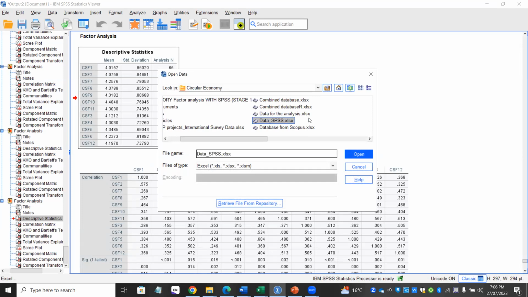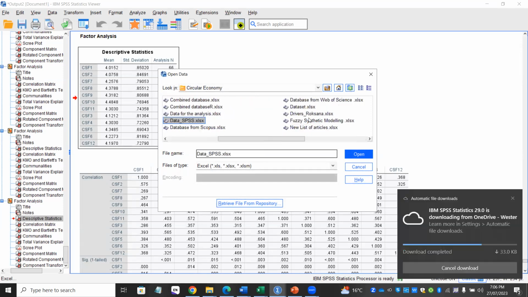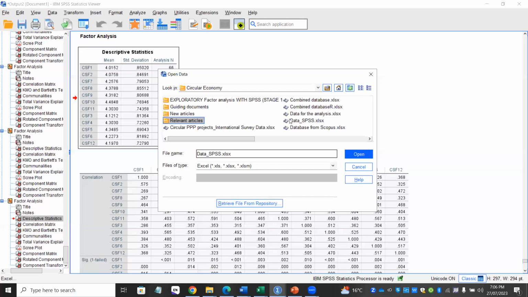But here, I've already entered it, so I don't need it. But if I was going to use the Excel data set, this is how I should have done it.